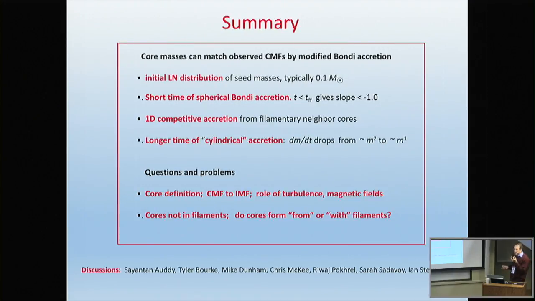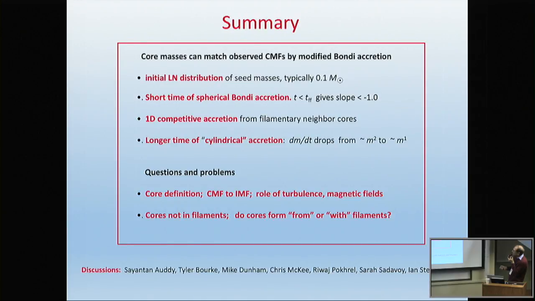Or alternatively, how do you keep them from forming stars right away if you're accreting in this manner? Why don't we have a role for turbulence? Well, maybe Kijou just told us that we don't have to worry about turbulence anymore. But it's probably very important, at least in delivering the mass to the cores.